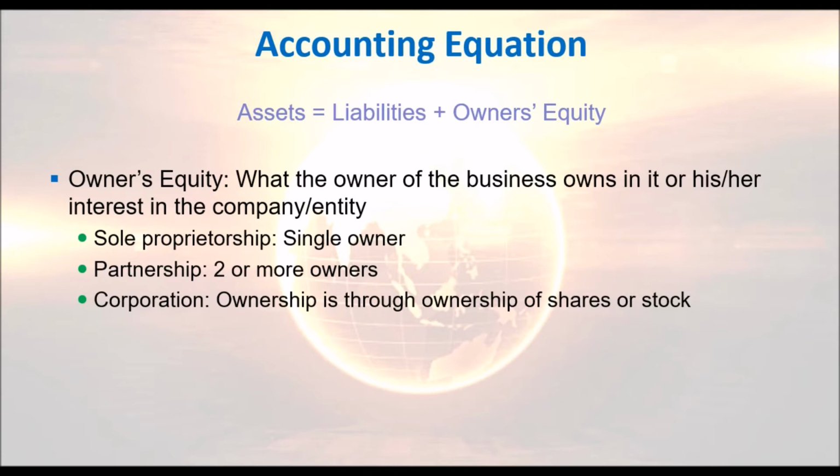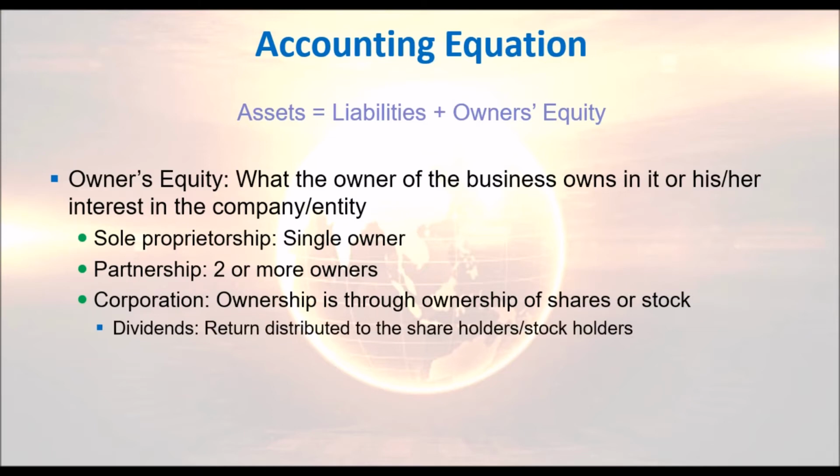Here the ownership is through ownership of shares or stocks in the company, and these are usually traded on the stock exchange. When you have corporations, owners own the corporation through their ownership of shares.